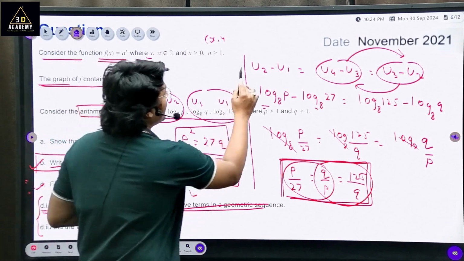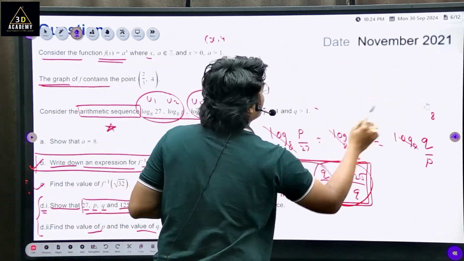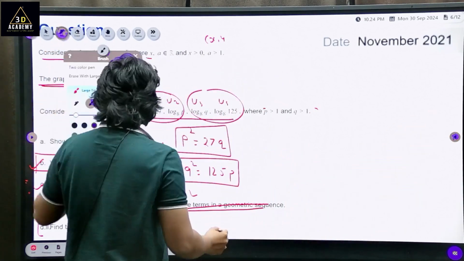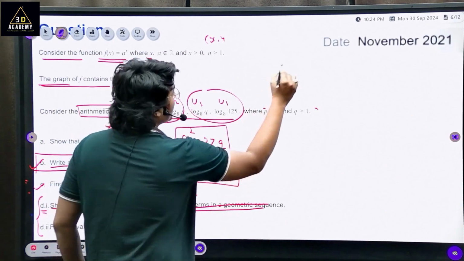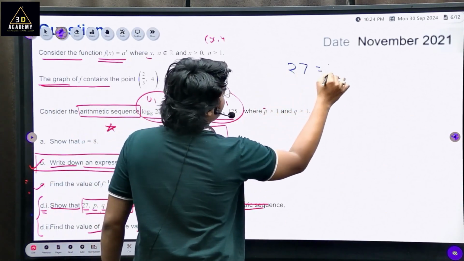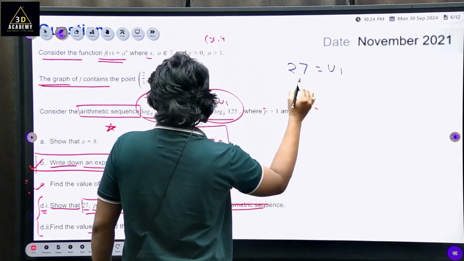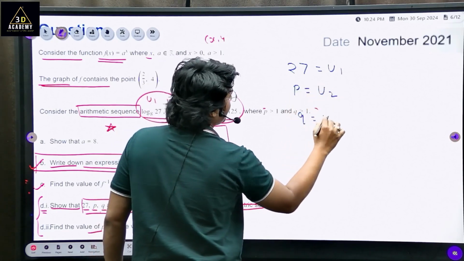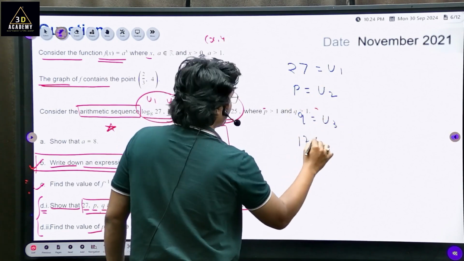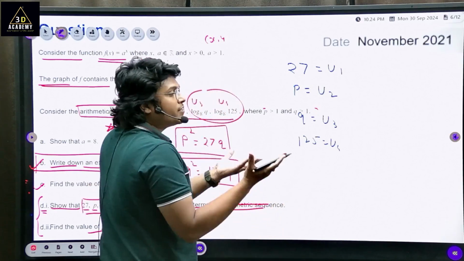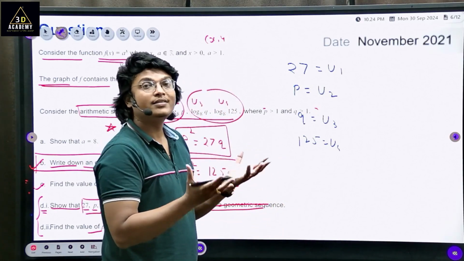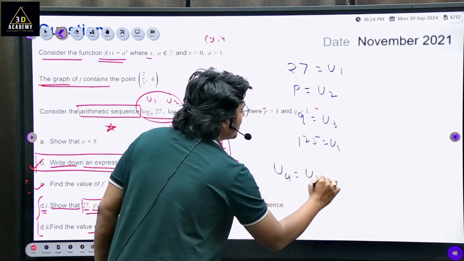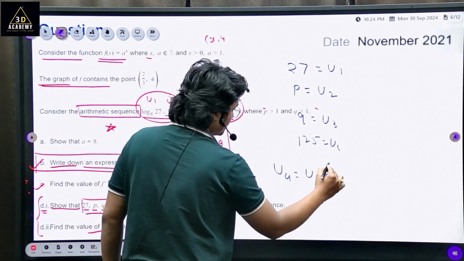What is the second way? Now as we have proved in D1 that they are terms of a geometric sequence, what I can do is, 27 is my u1, p is my u2, q is my u3, and 125 is my u4. Using the geometric sequence formula, I get u4 equals u1 r raised to power 3.